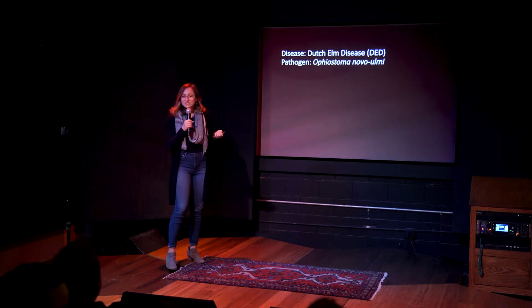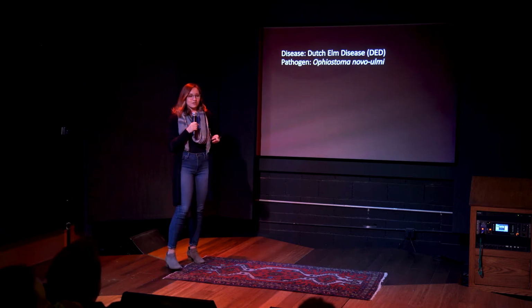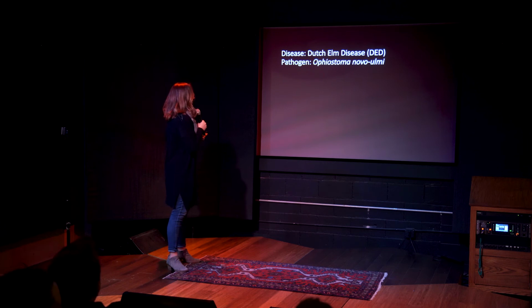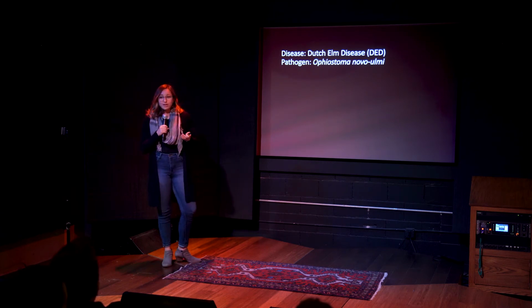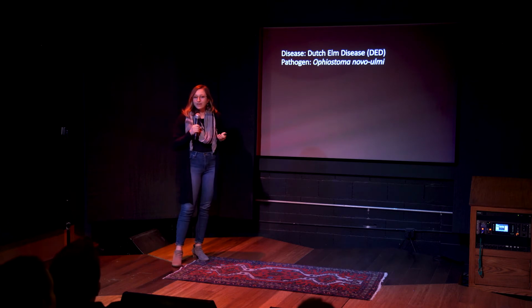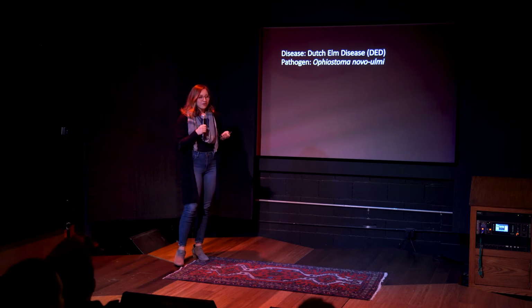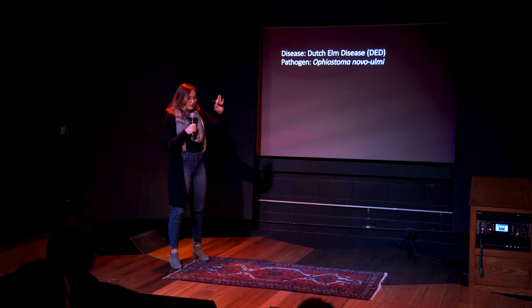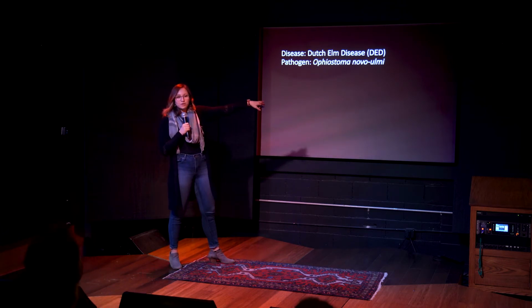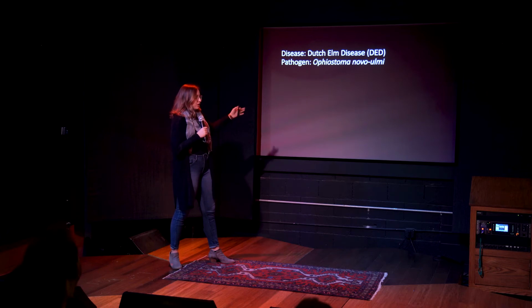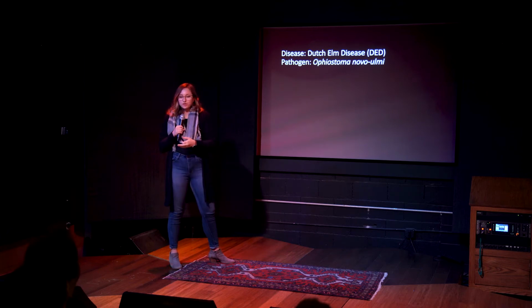So how does this disease kind of work? Like, what does this life cycle look like? So Dutch elm disease actually was introduced to the United States in 1920 because a furniture maker wanted to make furniture with elm from Europe, and they brought it over, didn't check it for anything, and it had Ophiostoma ulmi in it, which is a fungal pathogen that's able to cause diseases in elm trees.